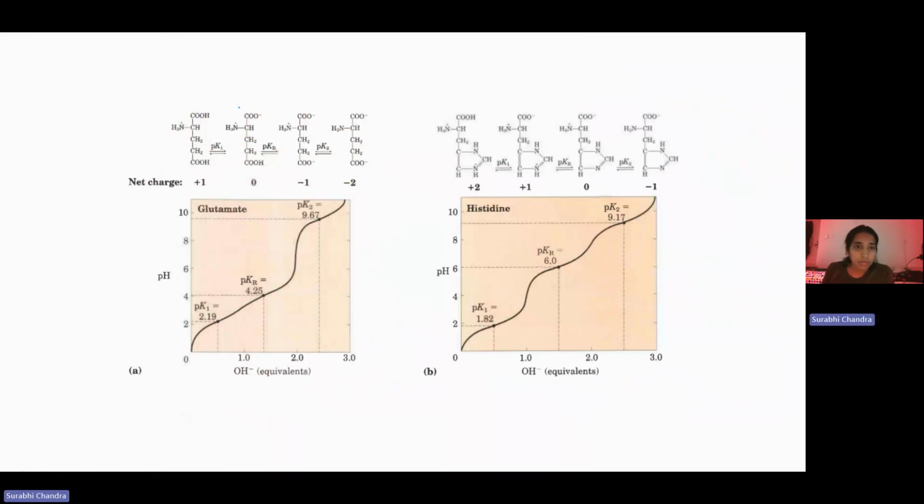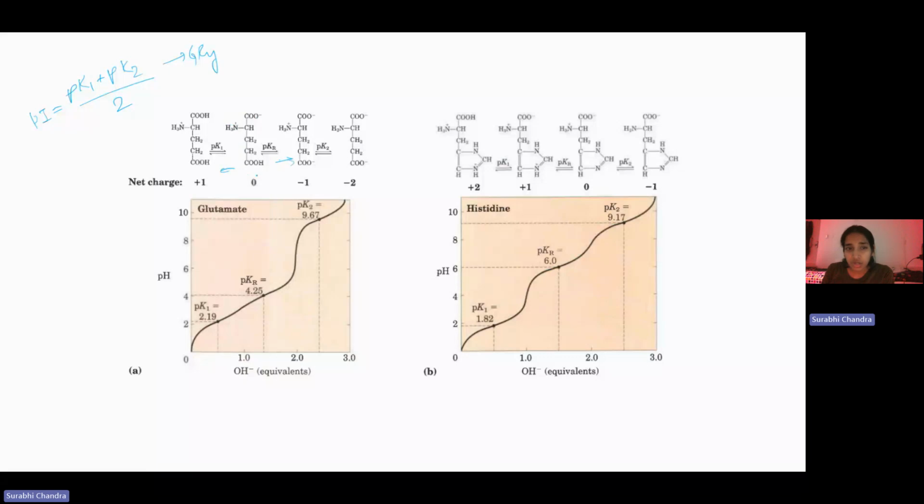Suppose in case of glycine, we saw that we were calculating pK1 plus pK2 by 2. Now, in this case, what we will be looking at are those pKa values which give rise to the zwitterionic form with a single change in proton.